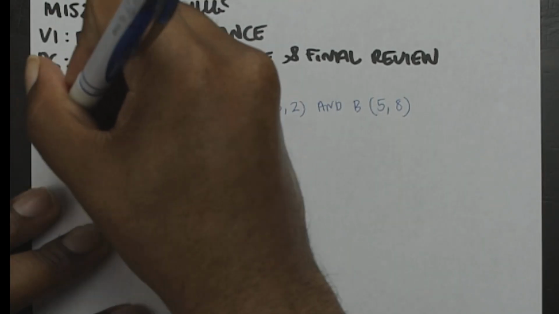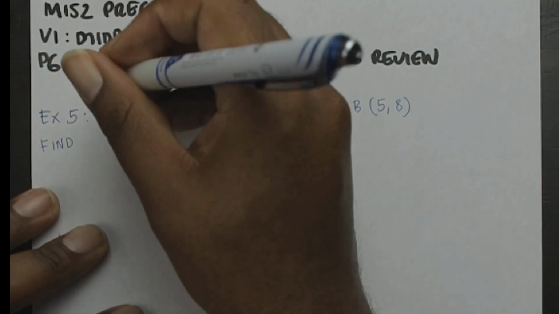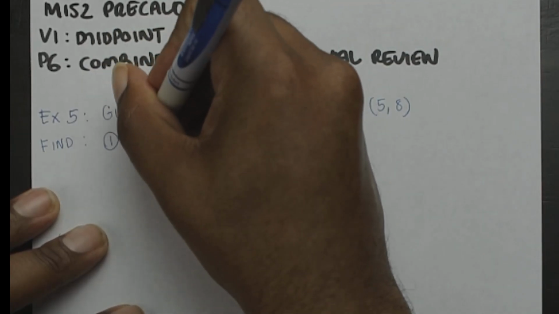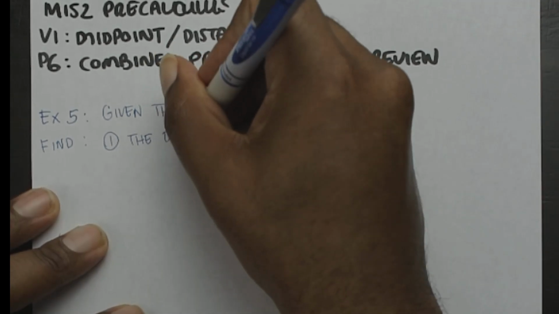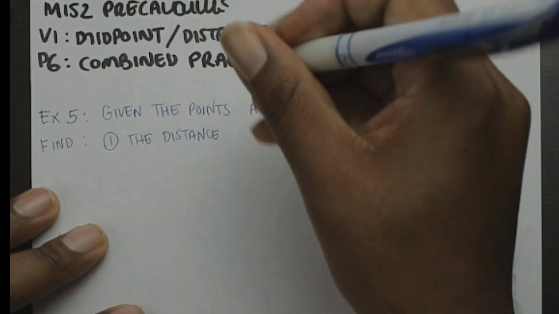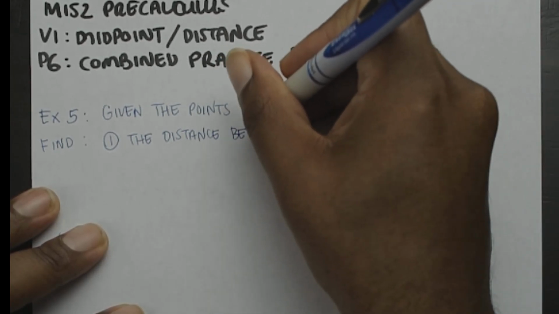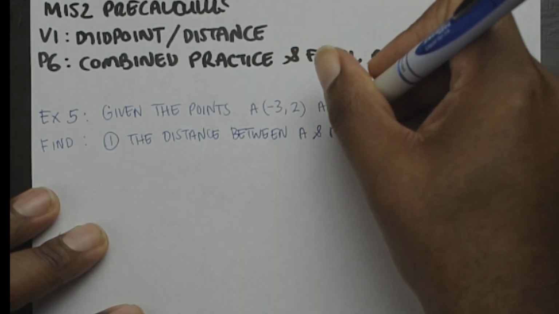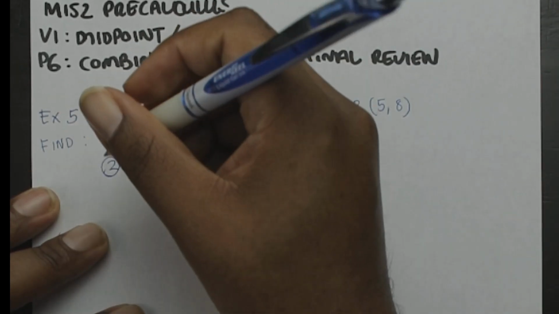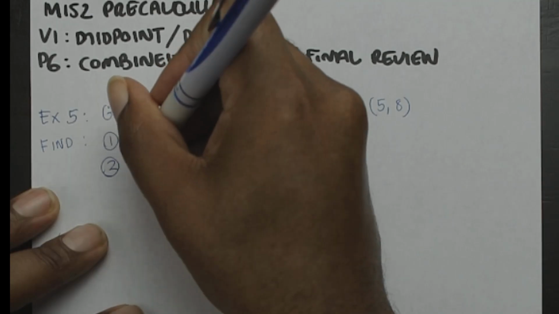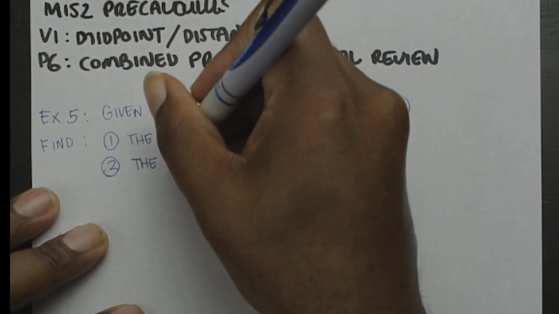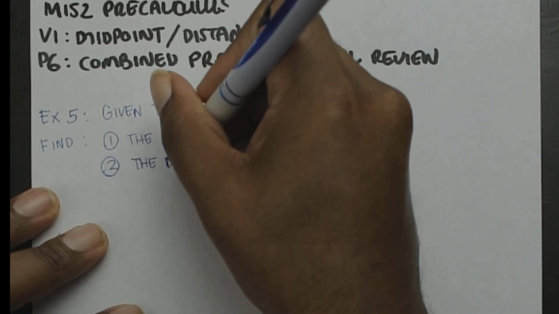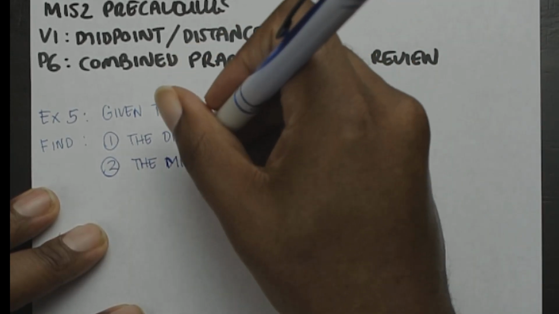Find two things. We're going to find the distance between A and B. And then the second thing we're going to do is find, oops, this is why math teachers should always use pencils.